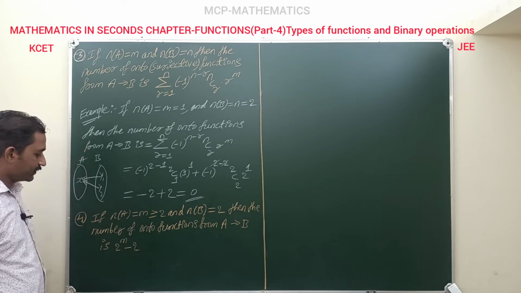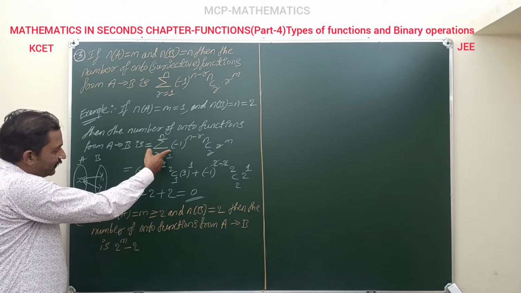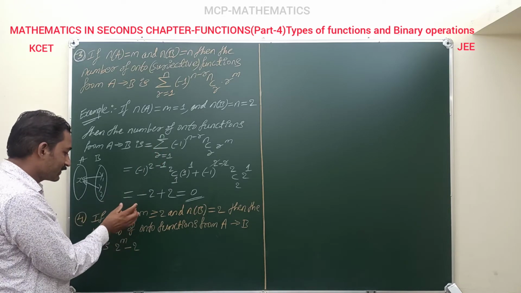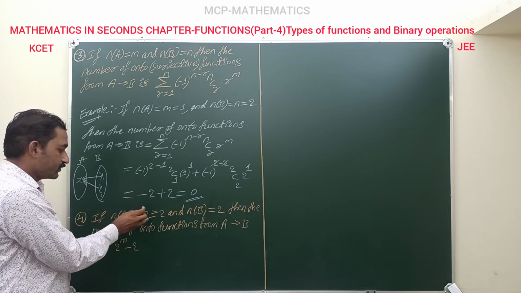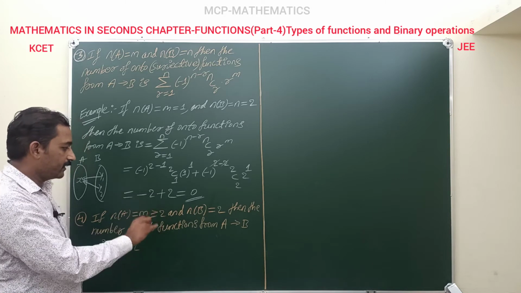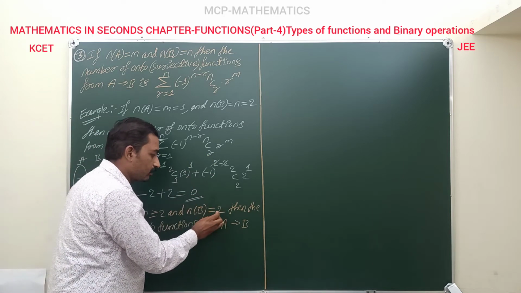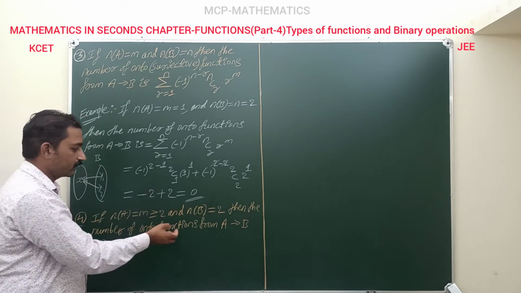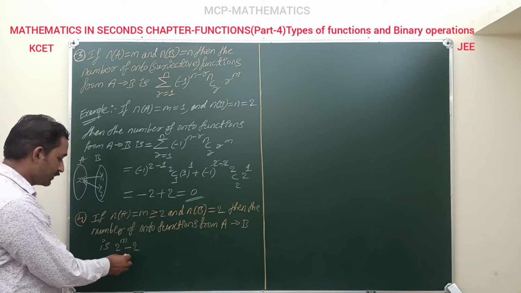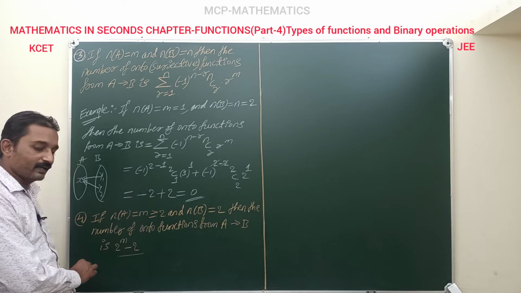Directly we can write. This formula is obtained from the general formula once again. So here in this case a restriction is there. n of A must be greater than or equal to 2 and n of B exactly equal to 2. Then the number of onto functions from A to B is directly 2 to the power of m minus 2.